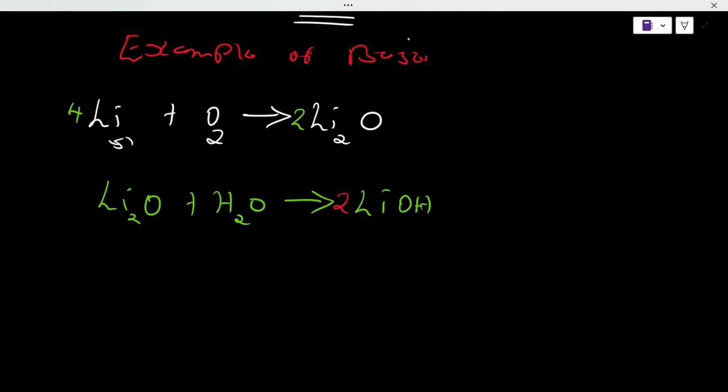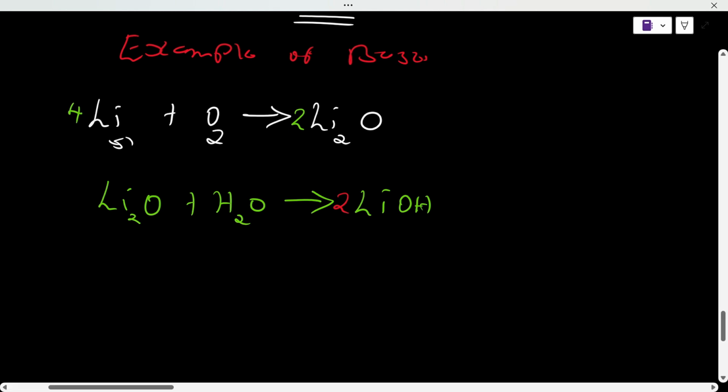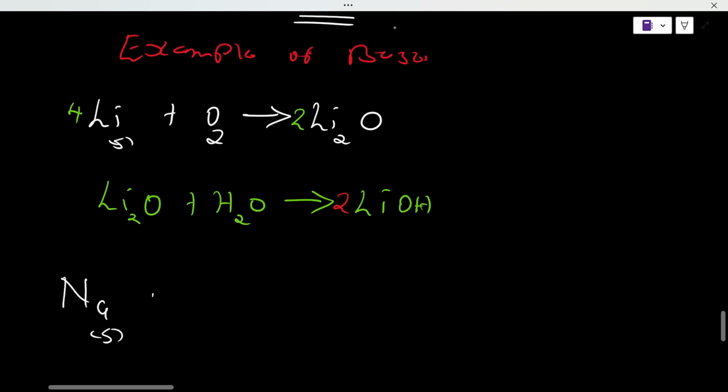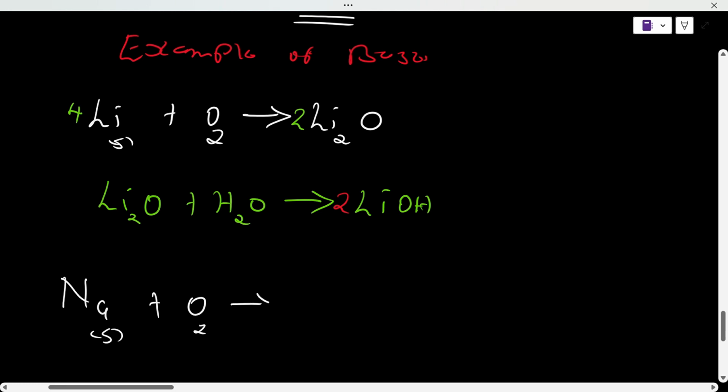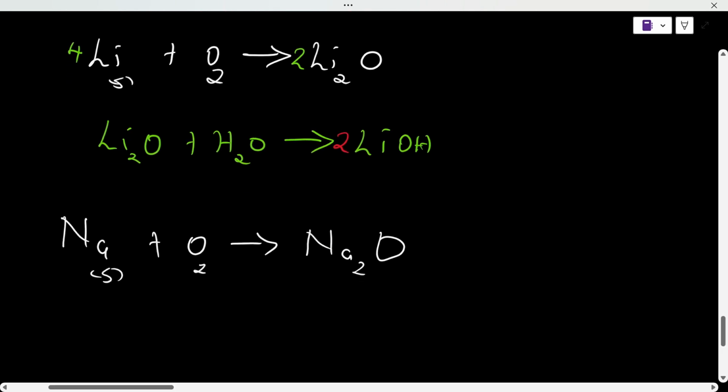I can bring in another example. Sodium, solid. When it reacts with oxygen, I'm going to form sodium oxide, Na2O. When now I want to form a hydroxide, I'll take the Na2O and dissolve it in water.